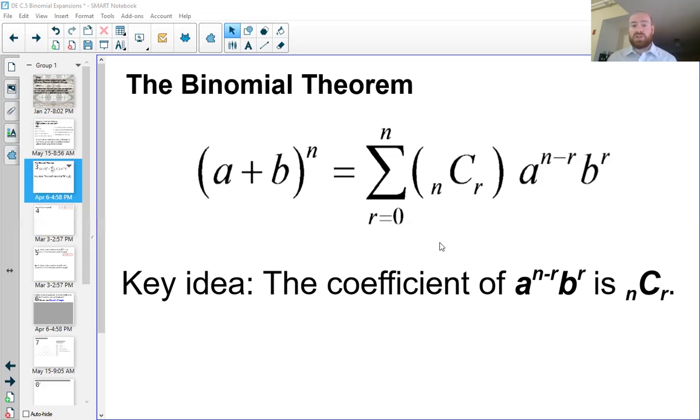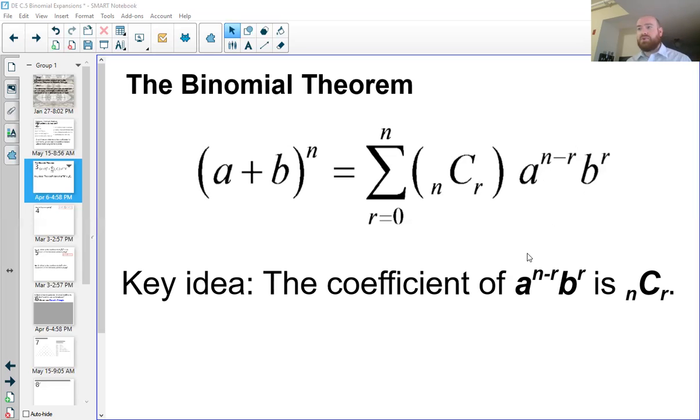So we can see really quickly that all of these different fields of math, these different topics that we've studied, are being tied together in this one equation, in this one theorem. So after we have our coefficient, n choose r, we have a raised to the power of n minus r, and then b to the power of r.